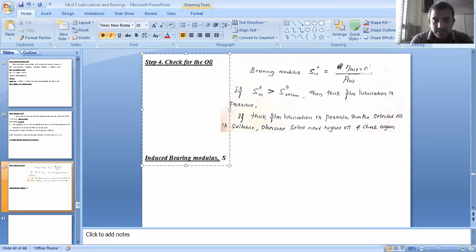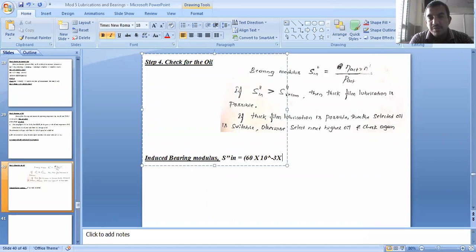Capital S double prime, the induced bearing modulus, is equal to eta actual times n prime by p actual. What is eta actual? Keep it in SI units: 60 into 10 to the power of -3 newton second per meter square.